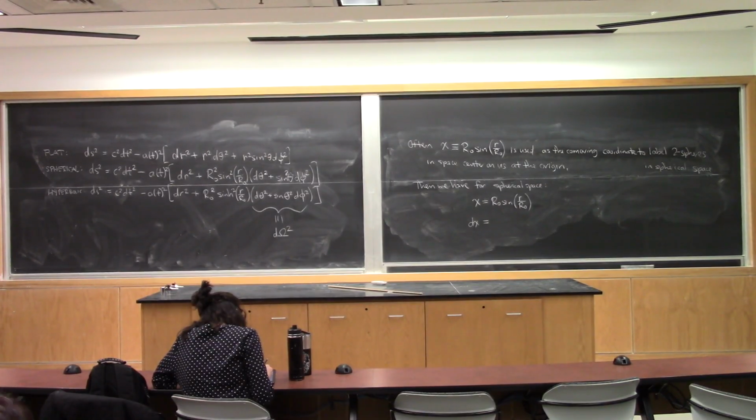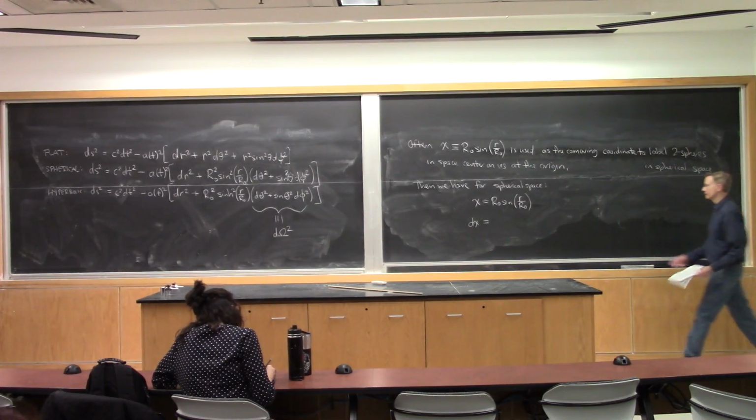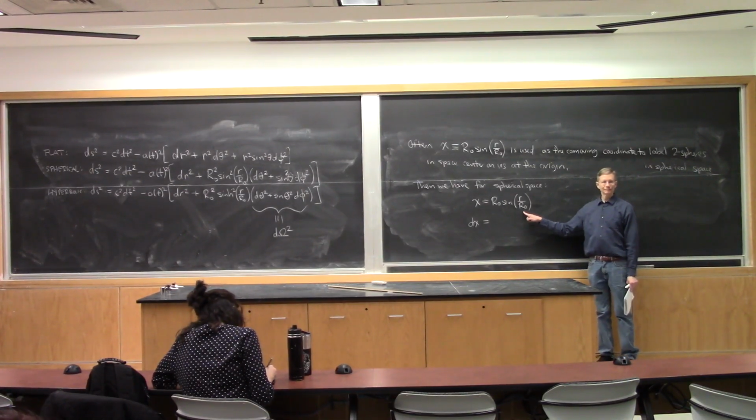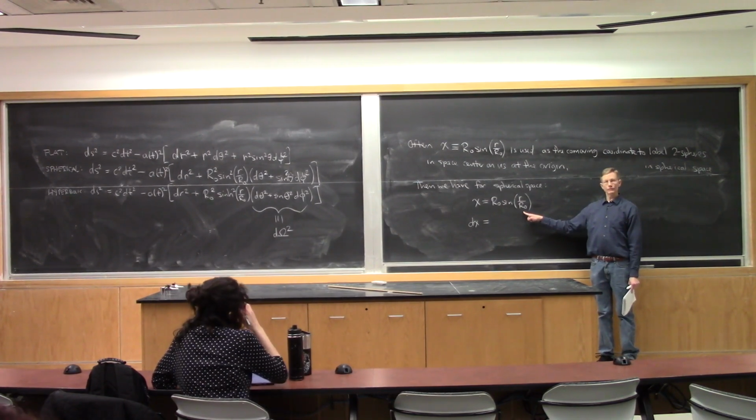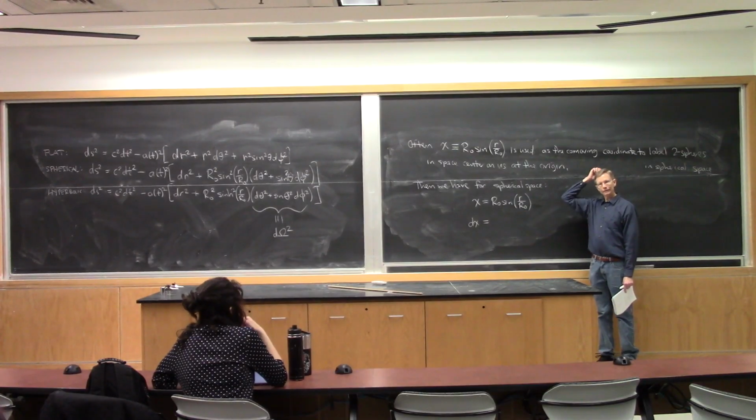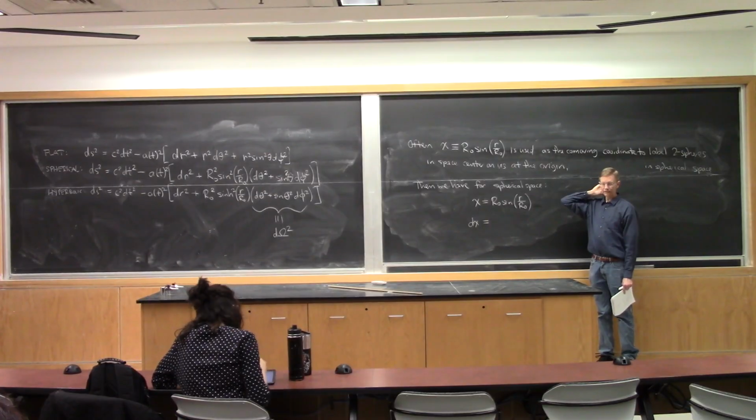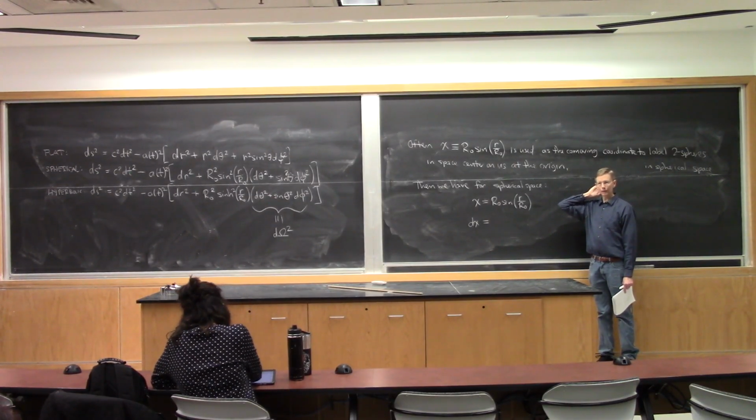what's dx? So I want to take a differential of both sides. Is r naught constant or does it change? R naught is the radius of curvature of the universe when the scale factor is 1. So does r naught change or not? It doesn't, because it's defined to be the radius of curvature of the universe at a particular time when the scale factor is 1.